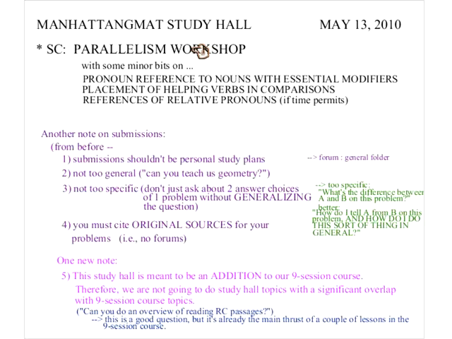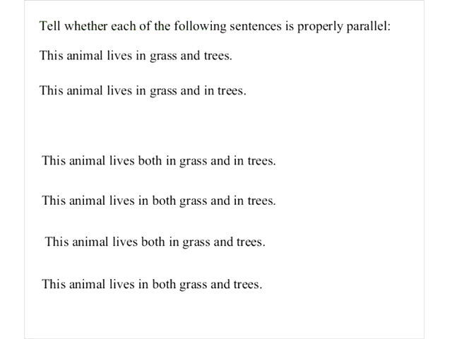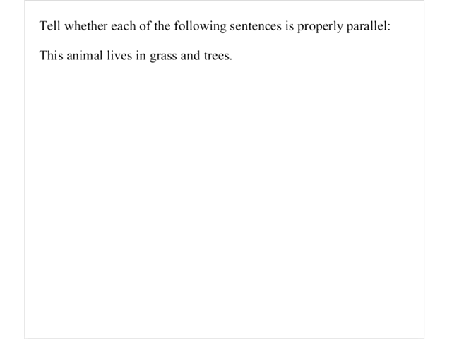So here's what we're going to do. Here's a slide. This is a drill where we're going to cover up all of these except for one. We're going to reveal them one at a time. I'm going to give you a polling window.